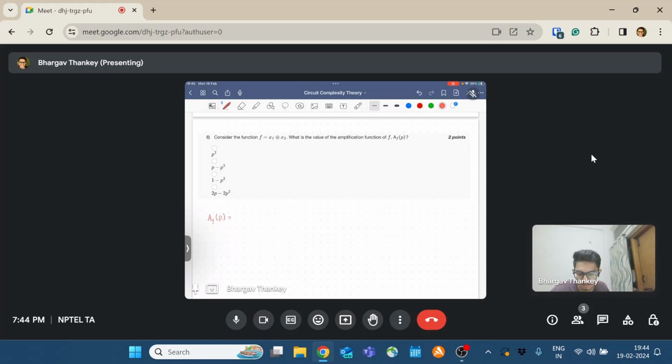It assigns a value 1 with probability p and assigns a value 0 with probability 1 minus p to every variable independently. And then it just takes the expectation.